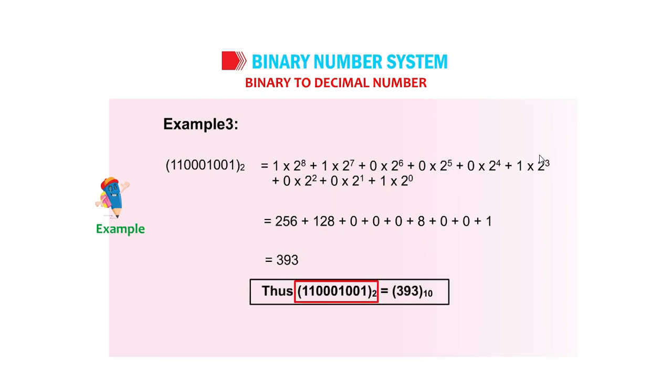Thus, 11001001 base 2 equals 393 base 10.